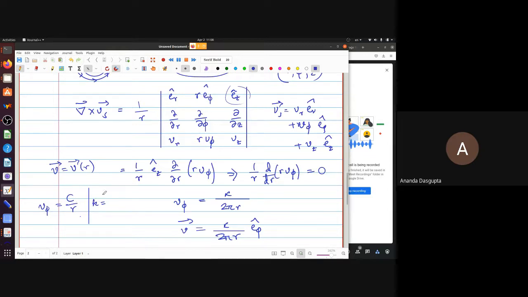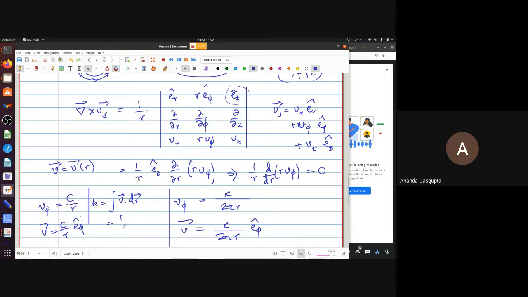How much will that come out to be? Okay, everybody has got the fact that V phi is constant by R. Then the velocity vector is constant by R times E phi. That's understood, right?